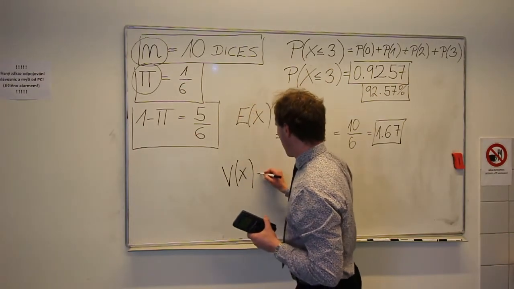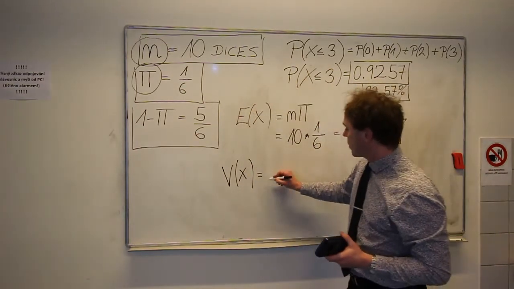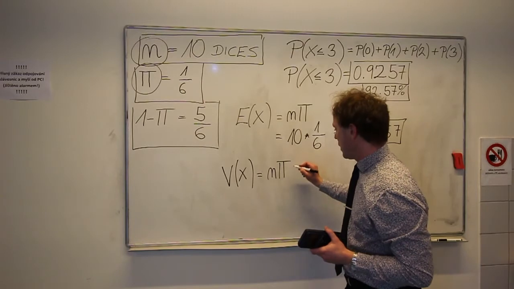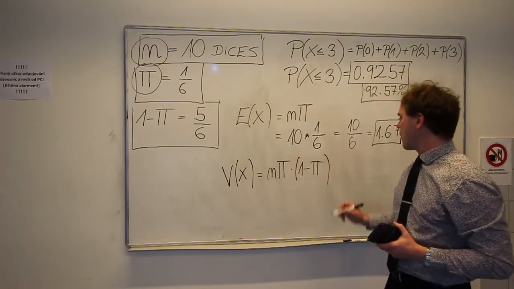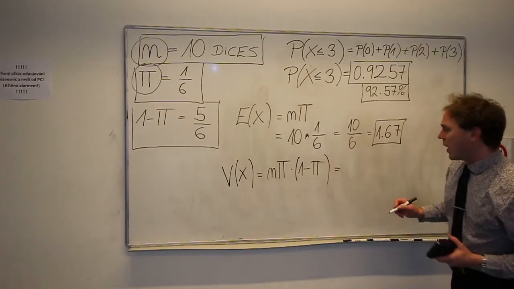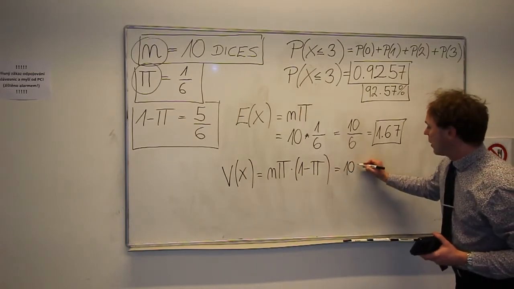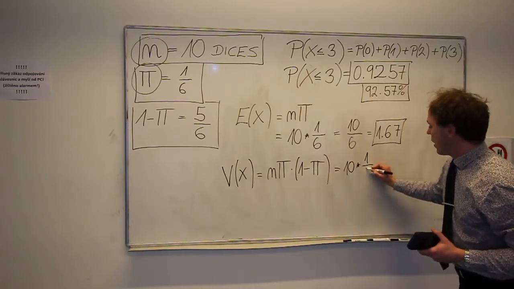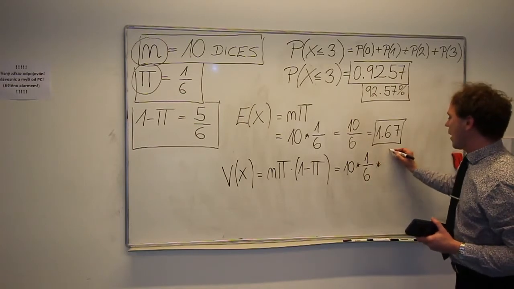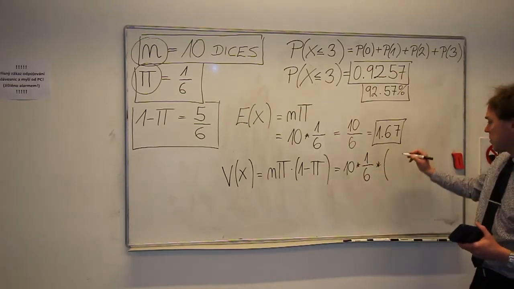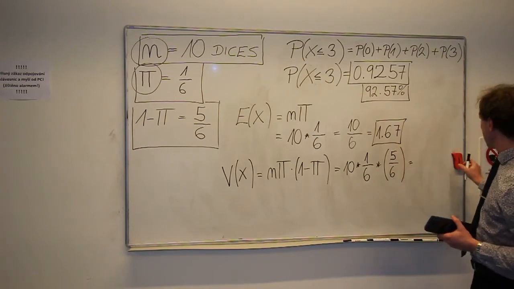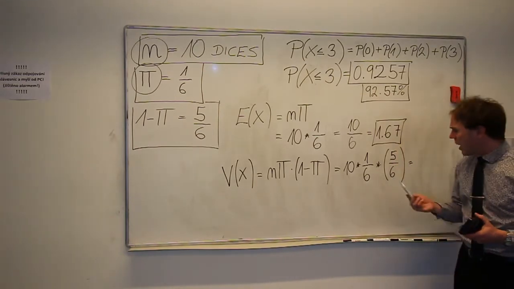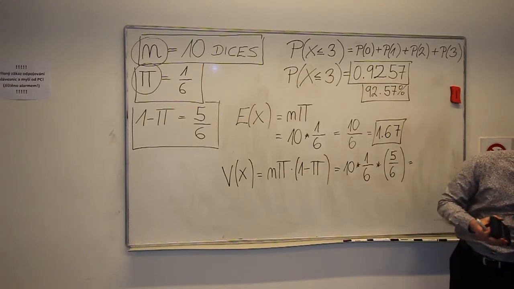The variance of random variable X is calculated like n times p times 1 minus p. So 10 times 1 divided by 6 times 1 minus p, which is 5 divided by 6. This is the variance, which is every time a non-negative value.